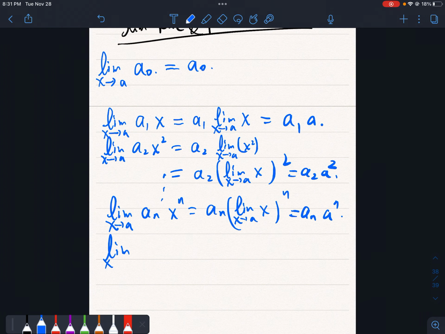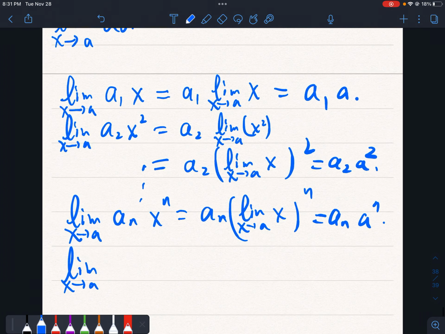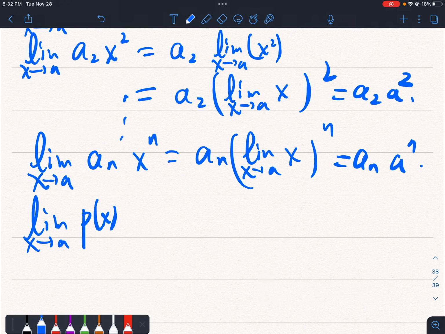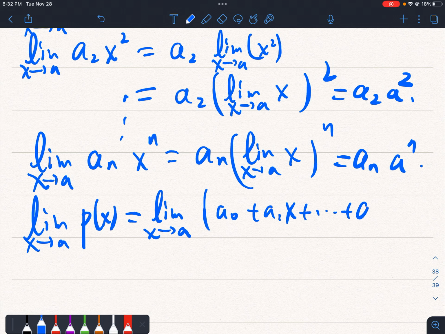Now you can use the sum rule to add them up. The limit as x approaches a of p of x is the limit as x approaches a of a naught plus a1x plus all the way up to an xn.